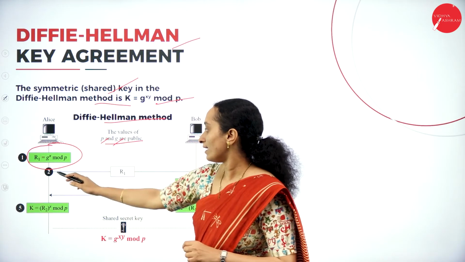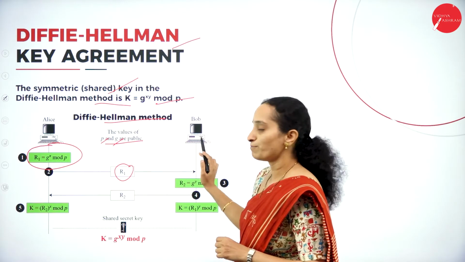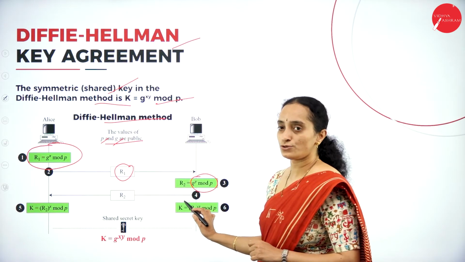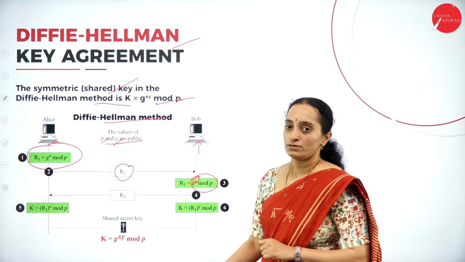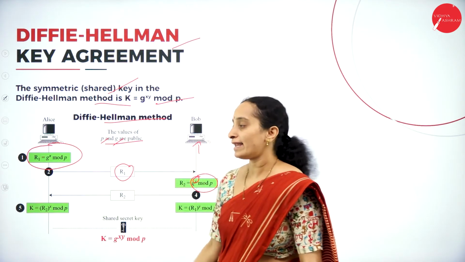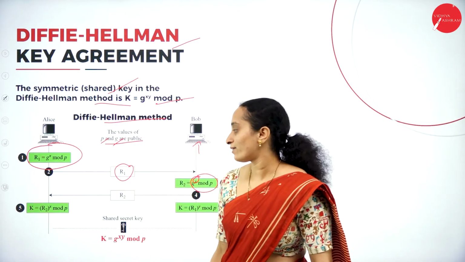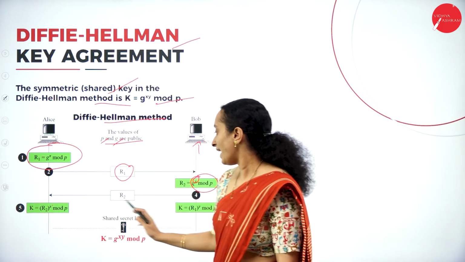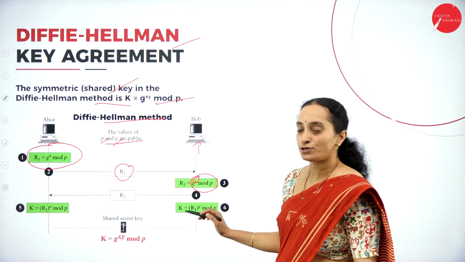This step creates a nonce, and it is sent to Bob. Bob creates another nonce R2 equals g to the power of y mod p. Y is the value generated by Bob, and R2 is sent to Alice. Now Alice calculates the key using the expression R2 to the power of x mod p, and Bob calculates the key with R1 to the power of y.